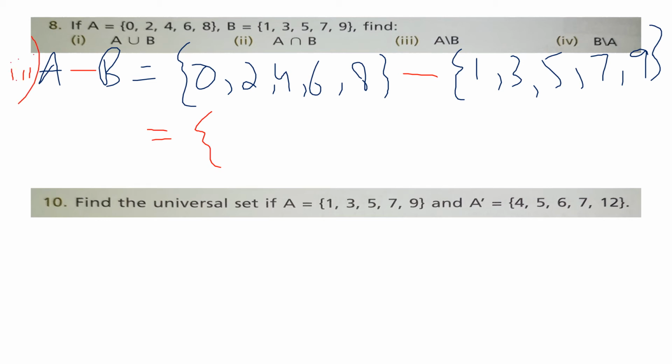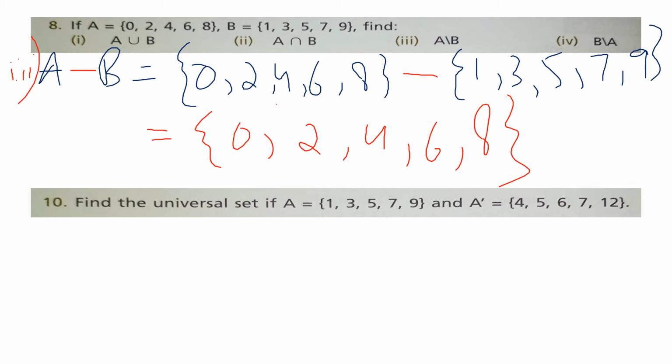So while finding the difference, you have to write those elements of set A which are not in set B. So 0 is not in set B: 0, 2, 4, 6, 8. So the set A itself. This is the difference of A and B. Okay, now the first part and fourth part are your homework.